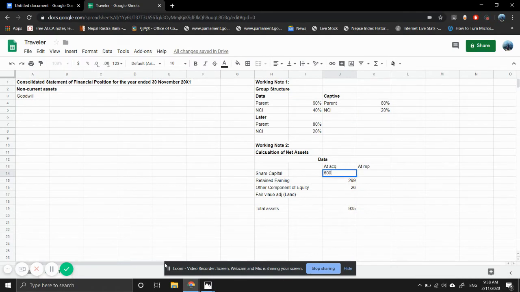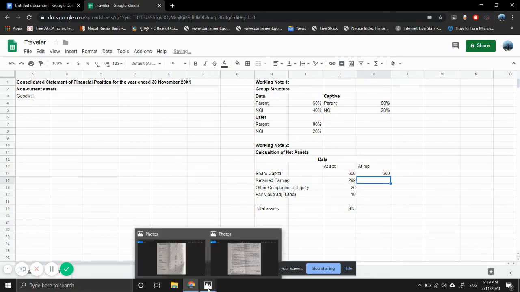Okay, so no need to worry about that right now. So what will be this figure? This figure will be this minus this minus this minus this. So this figure will be same as this.